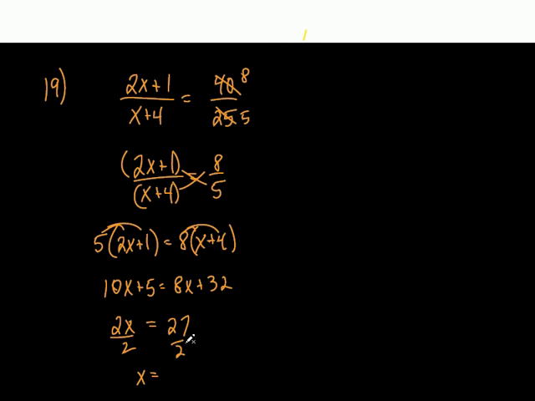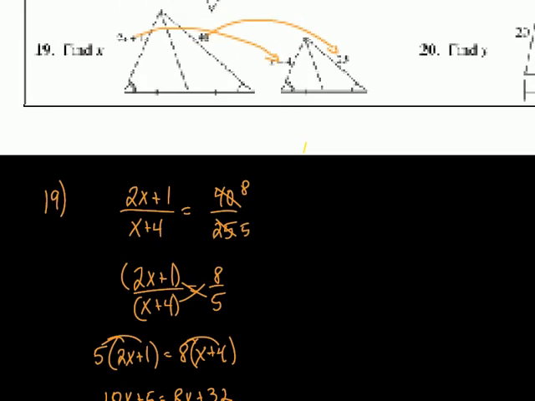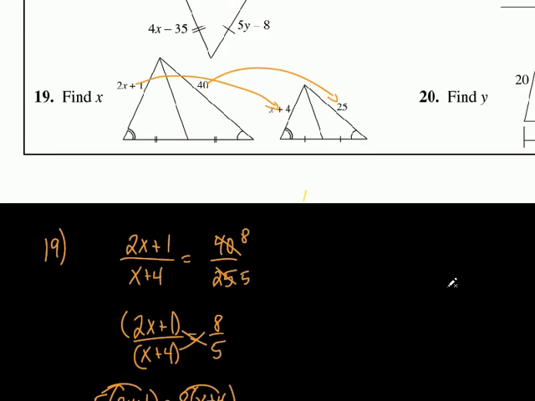You can keep it 27 over 2 if you would like. 2 goes into 27, what, 13 times, 13 and a half, or you could have written 13.5. Doesn't really make any difference. Either way, if it was me, I would keep it like that, to tell you the truth. But I know some of you guys don't like it that way, but that's fine. You can write it any of those possibilities.